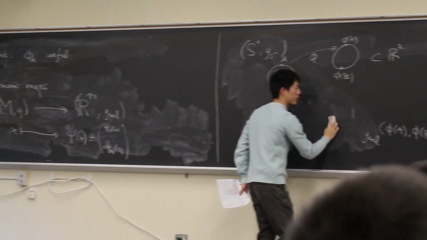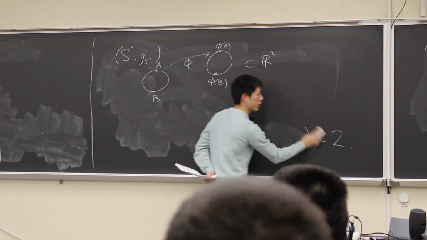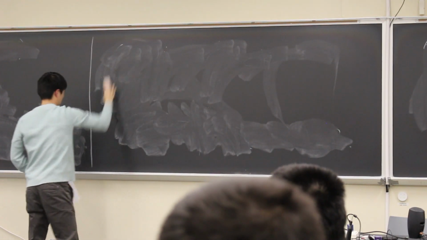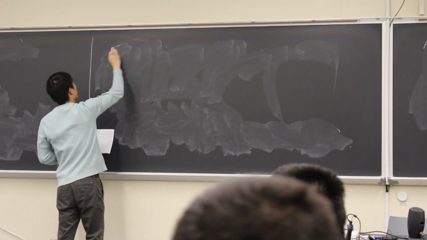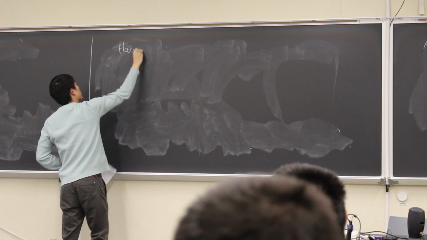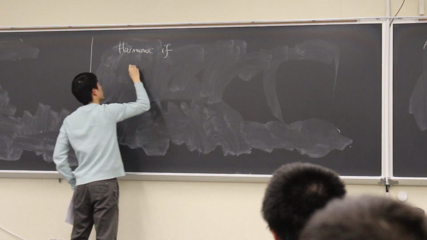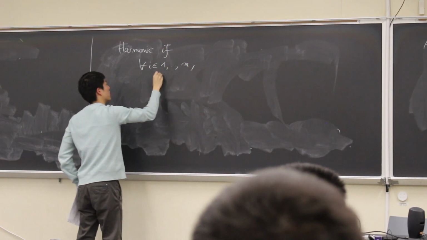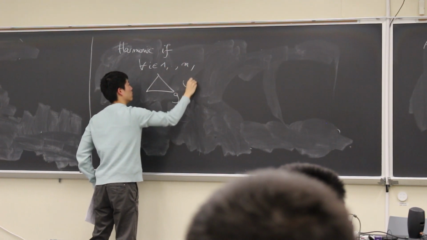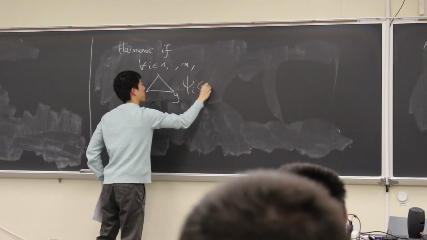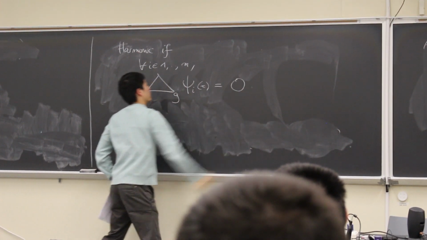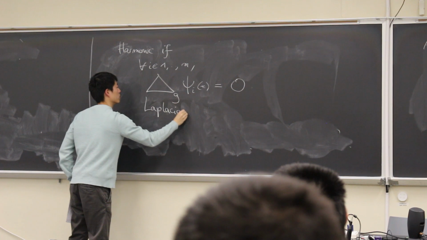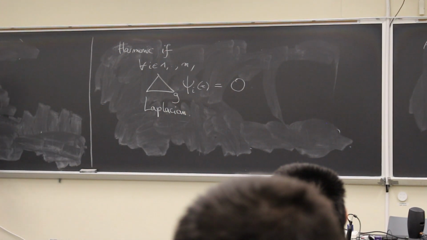So you say that this map is harmonic basically if each coordinate function is a harmonic function on M. Okay, so here the delta is the Laplacian on M. Basically a sum of second derivatives.